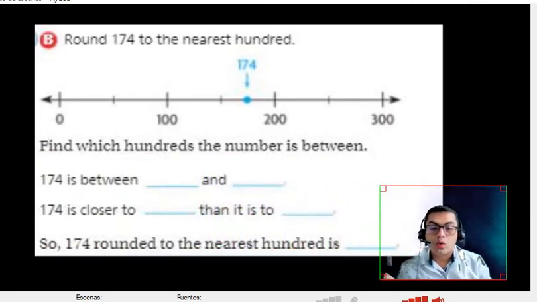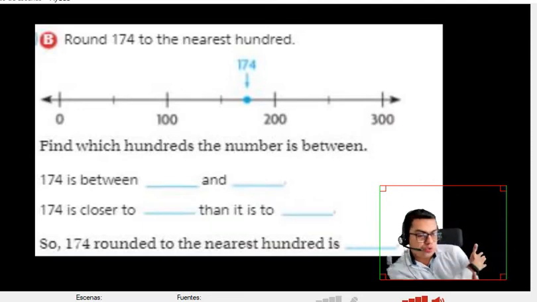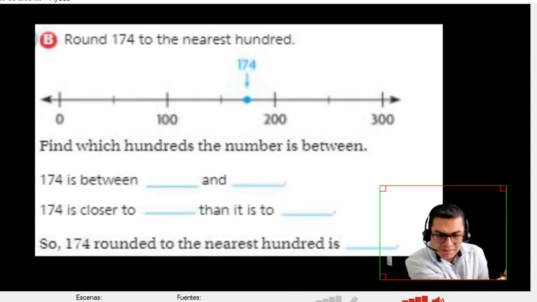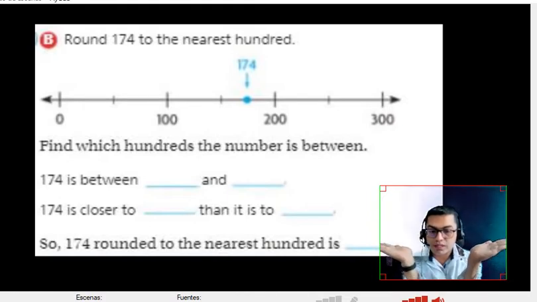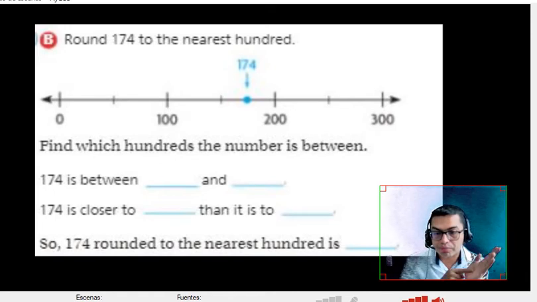Now, 174 is closer, más cercano, closer to, what do you think? 100 or 200? ¿Cuál está más cercano? 200, right? 200, perfect.